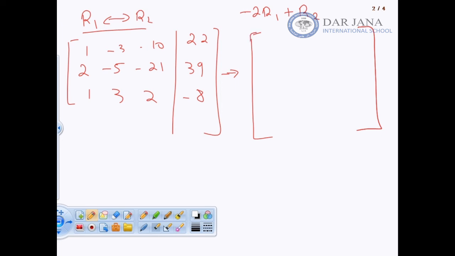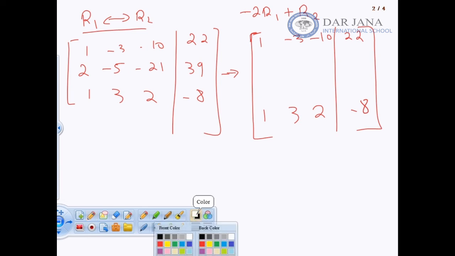As you notice, R1 will not change and R3 will not change. I'm going to write R2 as it is, and write the result of multiplying R1 by negative 2 above it, and then we'll add.